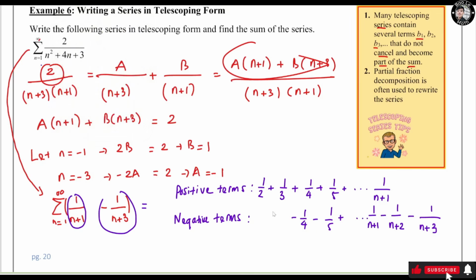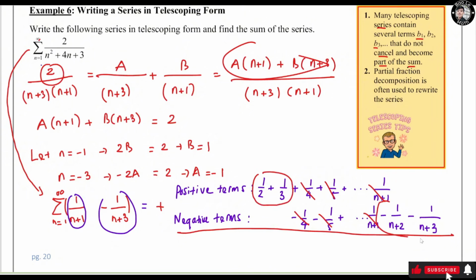Now, we're going to add this guy up, right? So does that mean this guy cancels out? You're going to end up with the first two terms and the last two terms right here, right? So the sum equals 1/2 plus 1/3 minus the limit of 1 over n plus 2 plus 1 over n plus 3 when n approaches infinity, right?